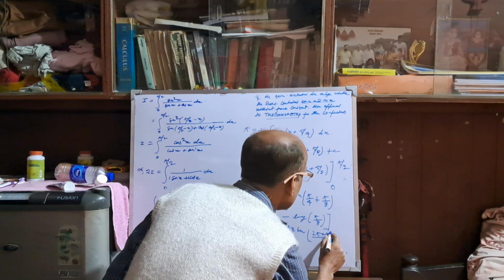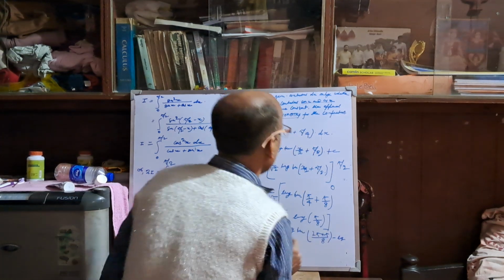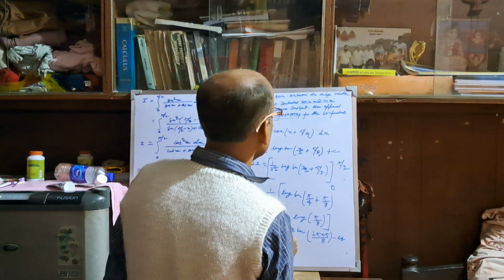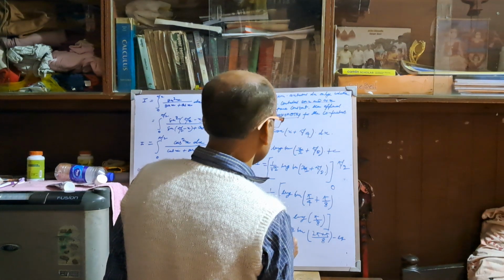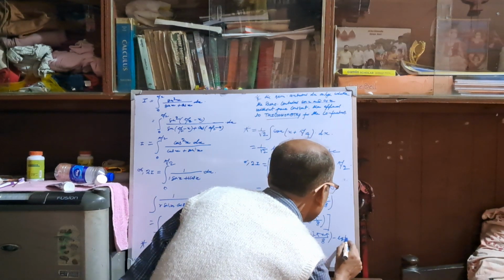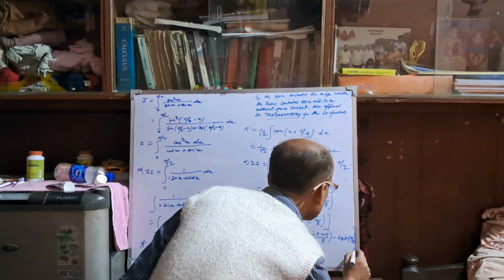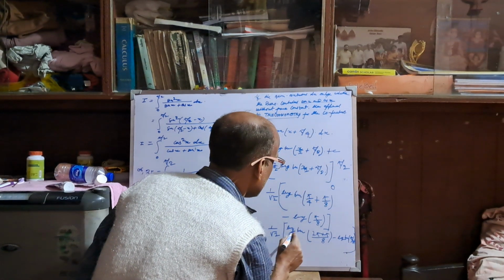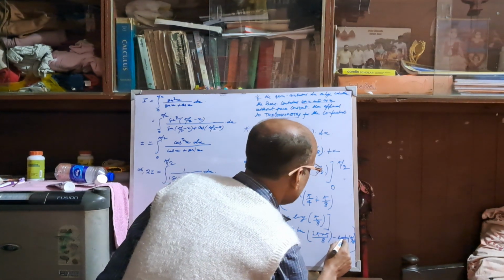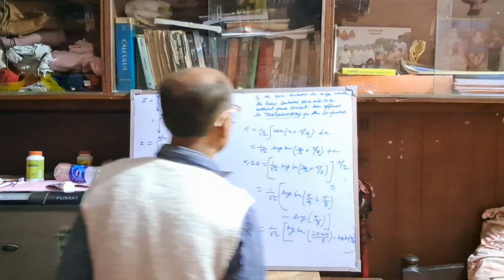Okay, and minus log tan pi by 8. Okay, this is closed. Actually 1 by root 2 log tan of (2 pi plus pi) divided by 8 minus log tan pi by 8. Okay, that calculation I have got.